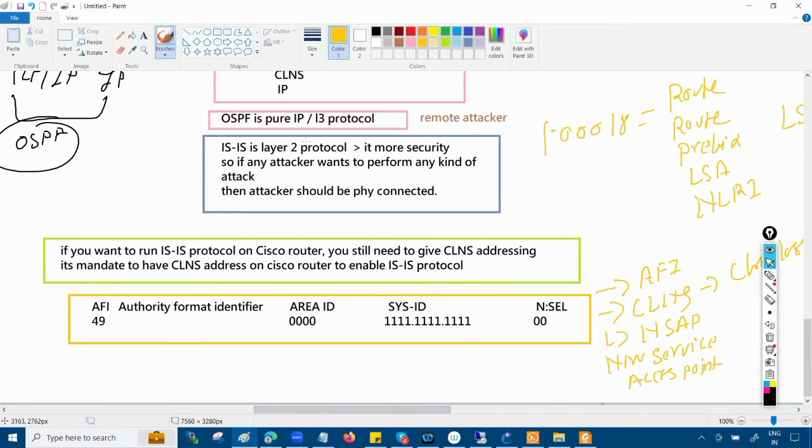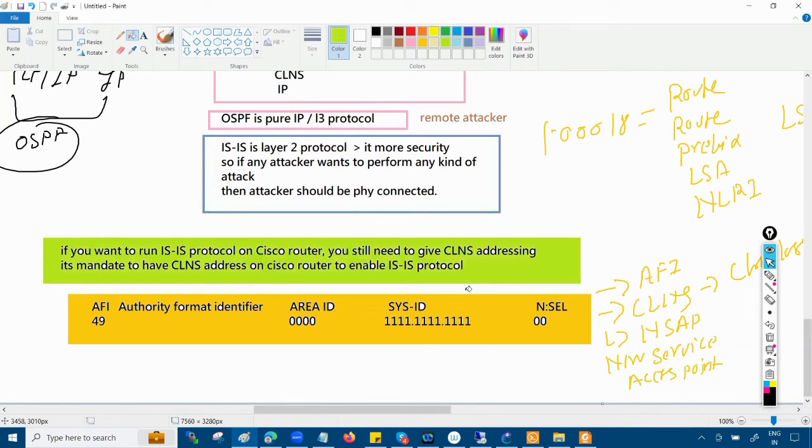This address is mandatory on your router. Without this addressing mechanism, you cannot run the ISIS protocol on a Cisco router. Another point: for the other protocols, the attacker can be remotely connected, but in ISIS the attacker has to be physically connected.